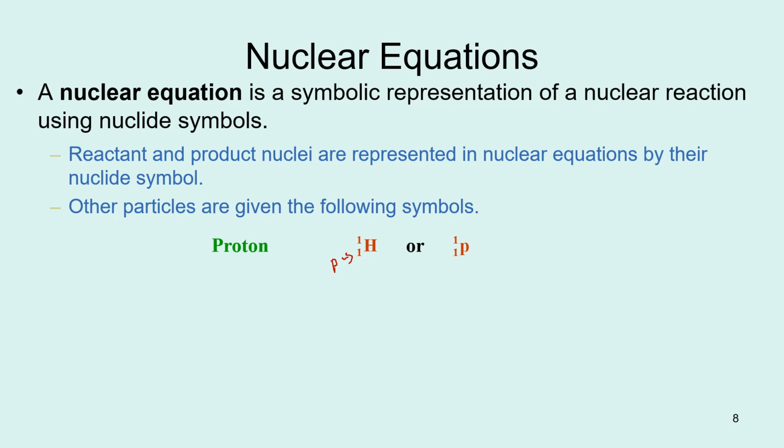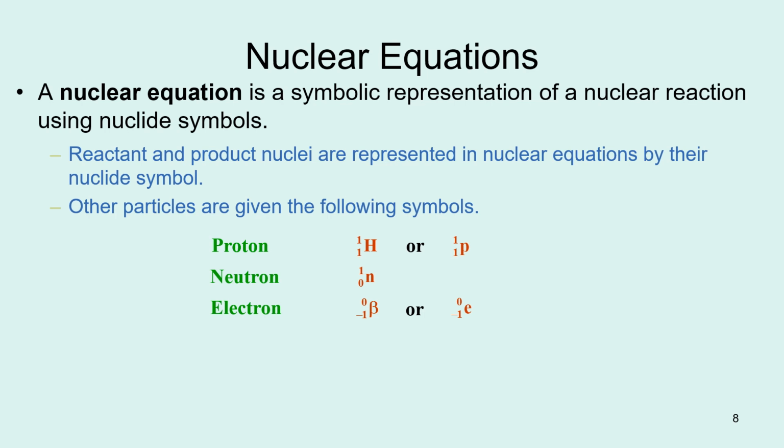I'm going to erase this so it doesn't get confusing. Okay, we can represent a neutron like this. Obviously a neutron has no protons and 1 neutron, so it looks like that. An electron or a beta particle can be written like this, either with the e to represent electron or the beta symbol because it's a beta particle.